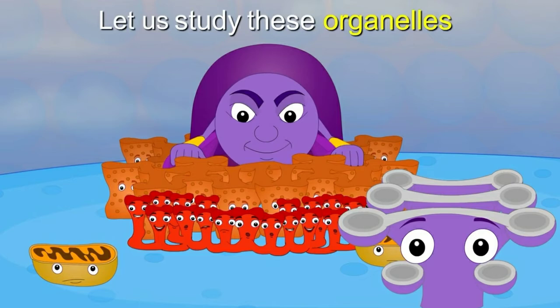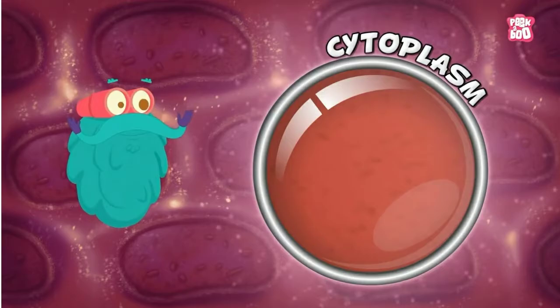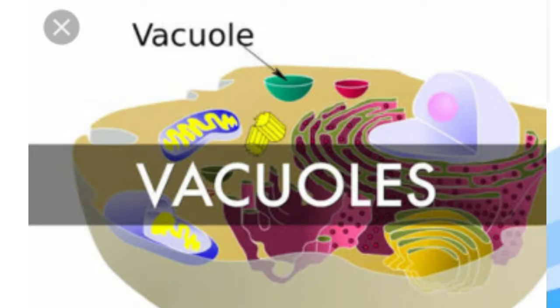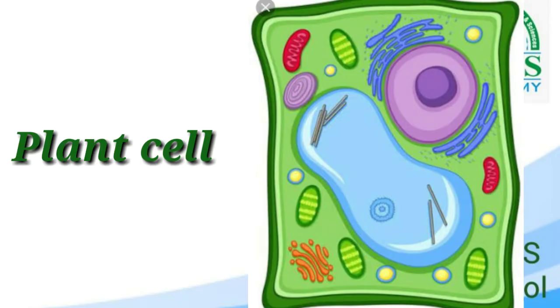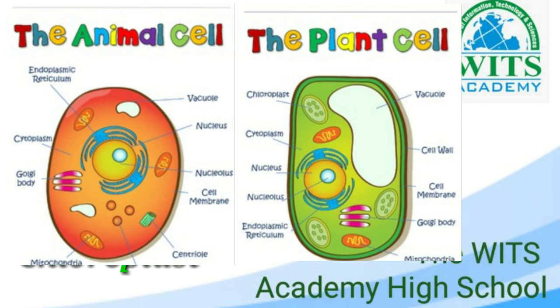There are 4 small organelles inside the animal cell. Number 1 is nucleus, number 2 is cytoplasm, number 3 is cell membrane, and number 4 is vacuole. Same as in the plant cell, there are also some small parts or organelles, and these are cell wall, cell membrane, nucleus, cytoplasm, vacuole and chloroplast.